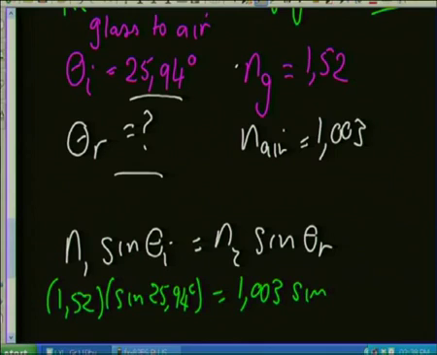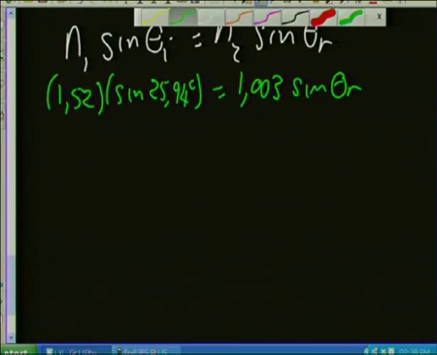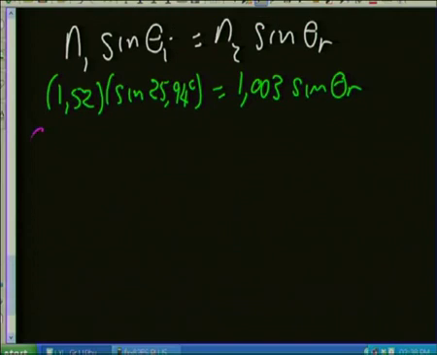Then we can say sine theta for refraction. This is in air, so remember we're moving from glass over here to air over here. So let's find out what sine theta r is.